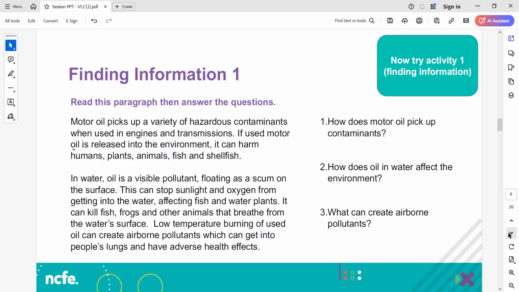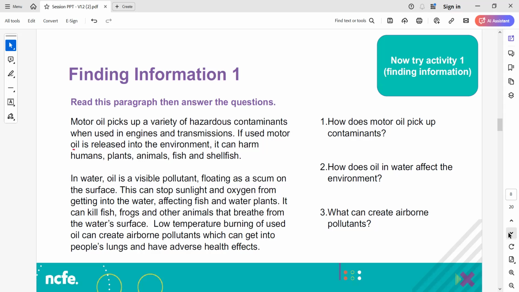Motor oil picks up a variety of hazardous contaminants when used in engines and transmissions. If used motor oil is released into the environment, it can harm humans, plants, animals, fish, and shellfish. In water, oil is a visible pollutant, floating as a scum on the surface.